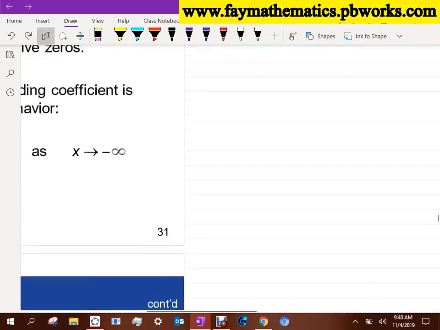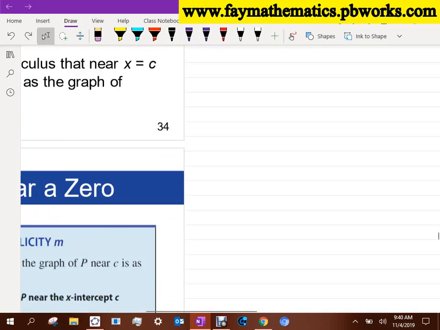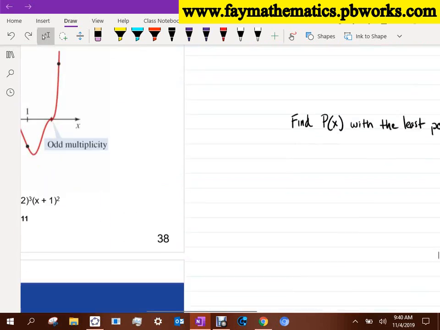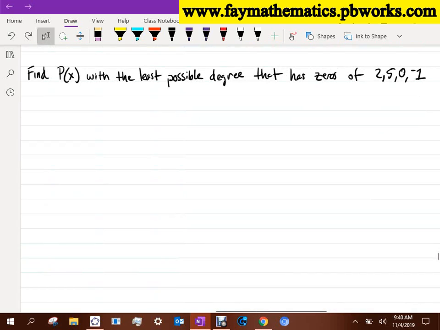So if these are my C values, then x minus C is a factor. So when I create my polynomial P of x, it's going to be x minus 2.